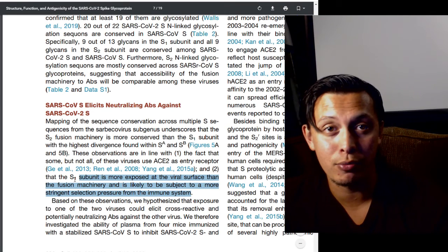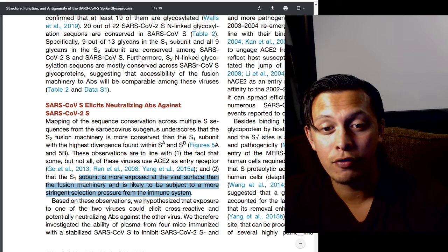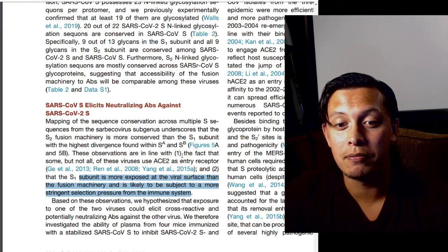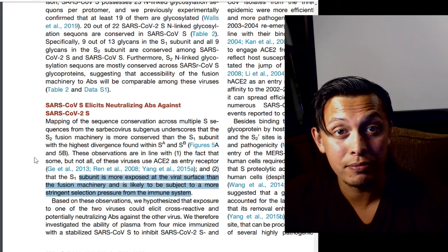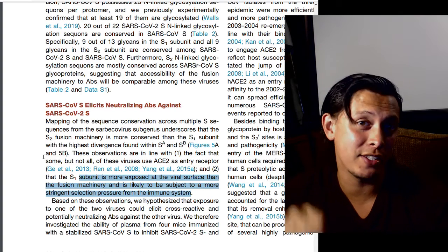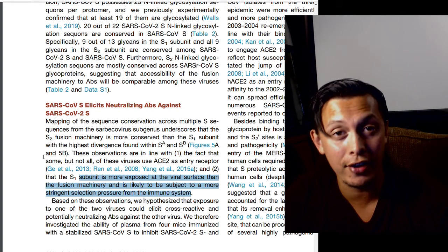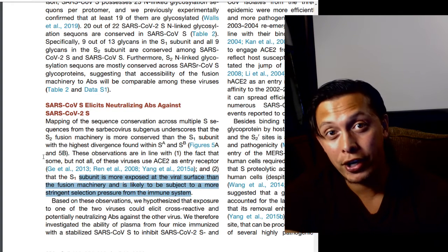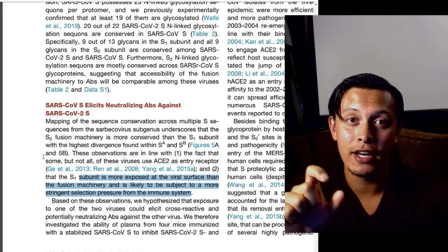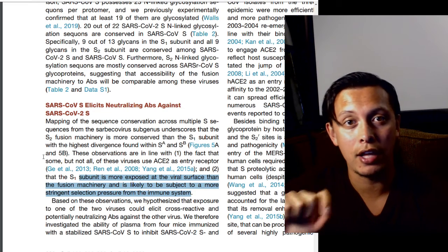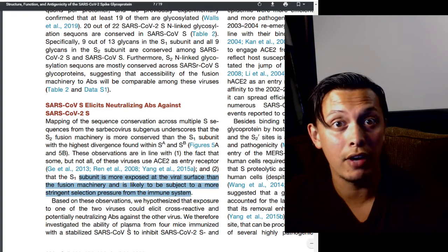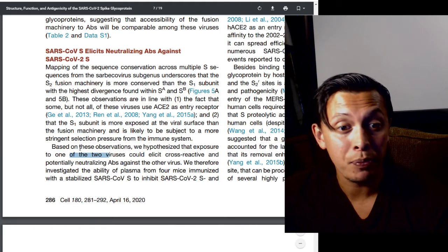But this selection pressure does not exist for the fusion machinery that is more well protected. So if you can create an antibody that can nestle into that well protected area, that will be superior. And since that fusion peptide is really conserved among a lot of coronaviruses, if that antibody works for one, it should work for a lot of others as well, presumably.